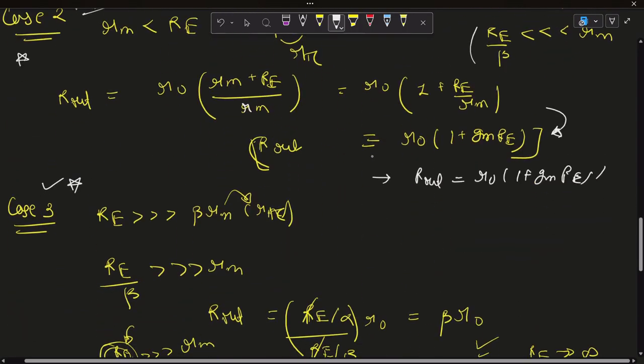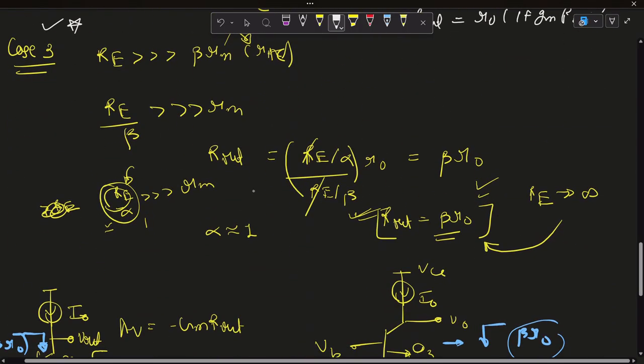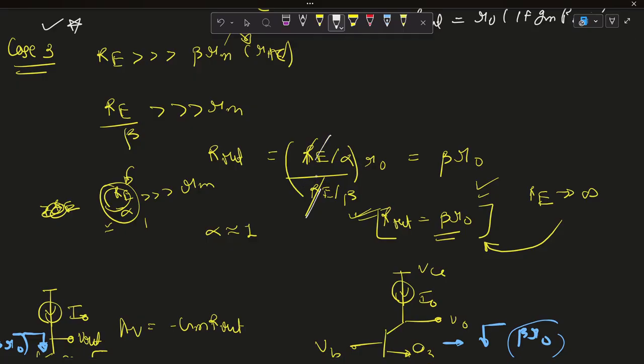So we get to this conclusion: R out is Re by alpha, Re by beta, Re to Re is cancelled, Re to Re is cancelled. So R out becomes beta R naught. This is our conclusion, why our R out saturates at beta R naught.